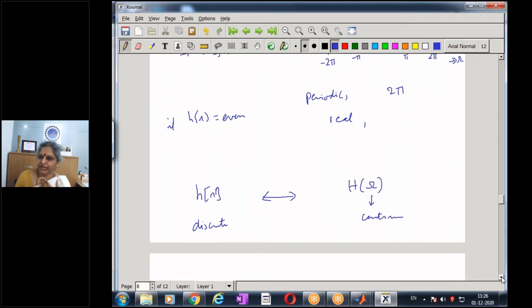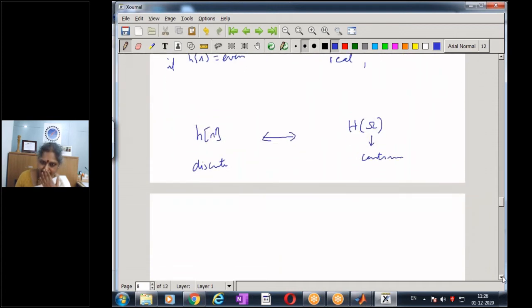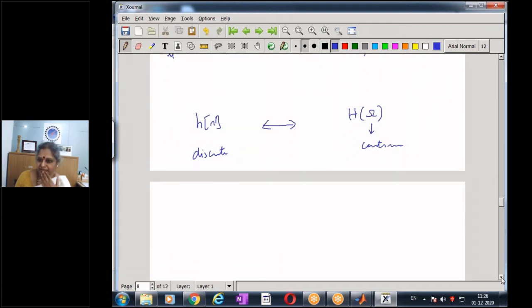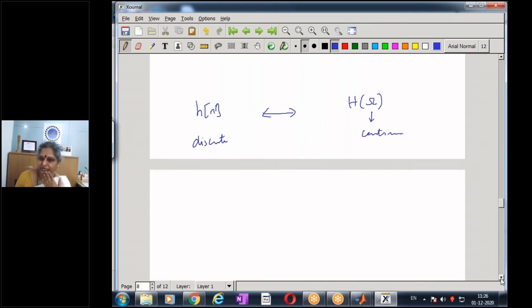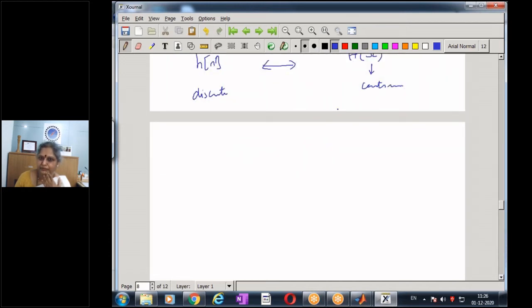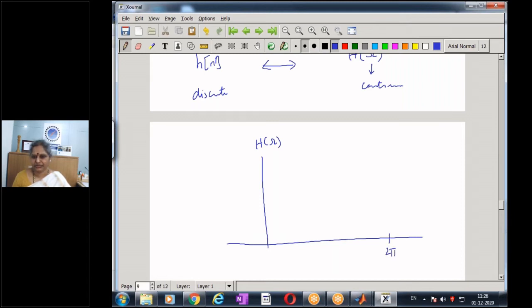Now let's move further. Let me consider just h of omega in one period for this example. We know it's periodic, with period 2 pi.